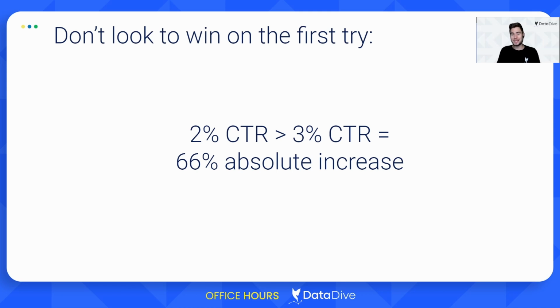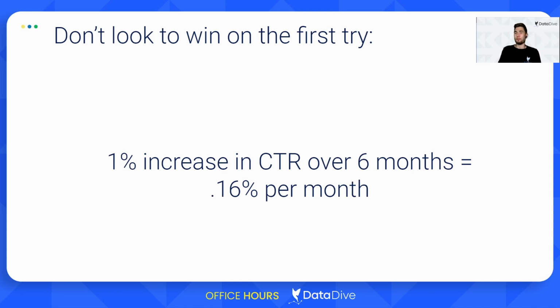But a 1% increase is a 66% relative increase in click-through rate. So if you keep the number of impressions the same, you're going to get like 66% more people getting into your listing. If you're converting the same number of people, your sales are going to go up, your metrics are going to go up. Remember too that you don't need to necessarily get this right on your first shot.